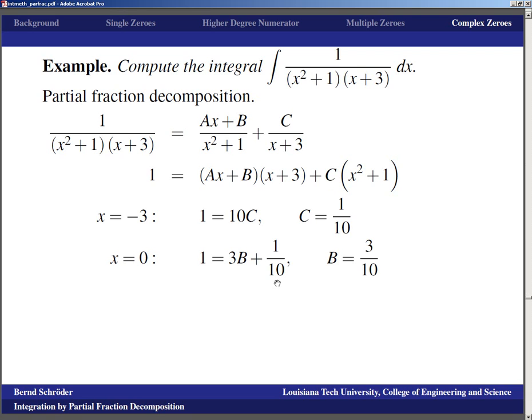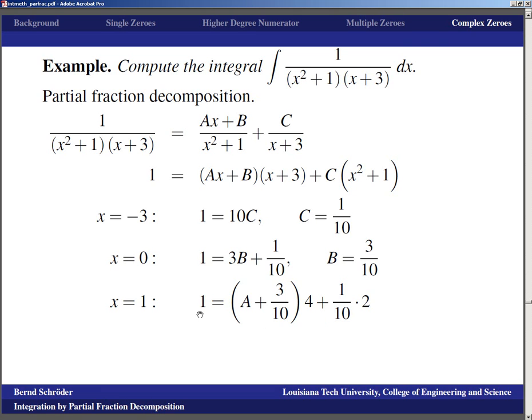And then, well, probably we just use a convenient number like x equals 1, exactly. And so with x equals 1, we get, still on the left side, 1 equals a plus b, which is 3/10, times 1 plus 3, which is 4, plus c, which is 1/10, times 1 plus 1, which is 2. And now we solve that. Let's see, we have 2/10 here. 3 times 4 is 12, 12/10, 14/10, brought over to the left side.